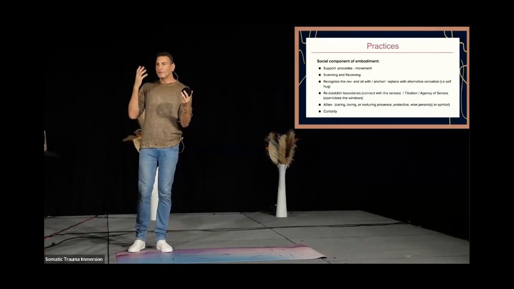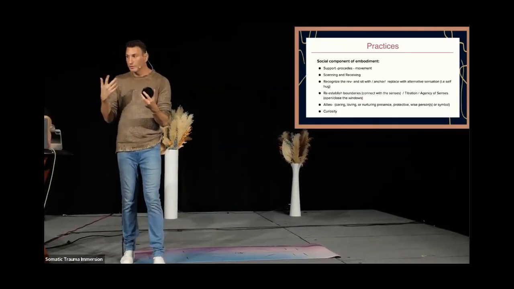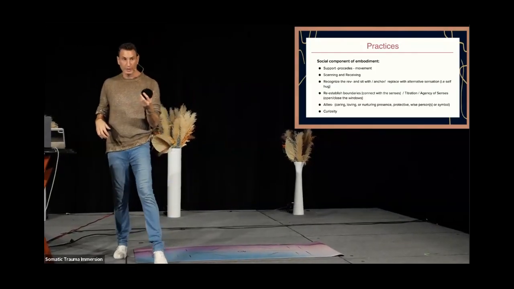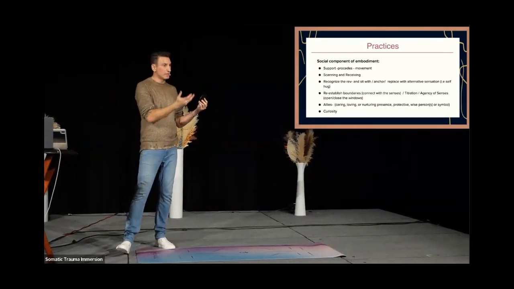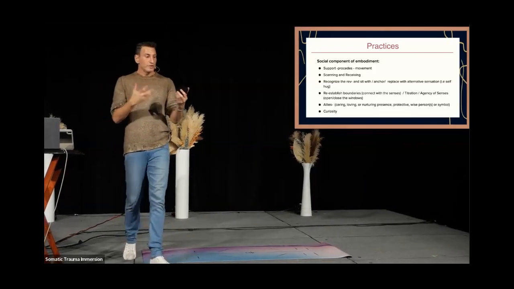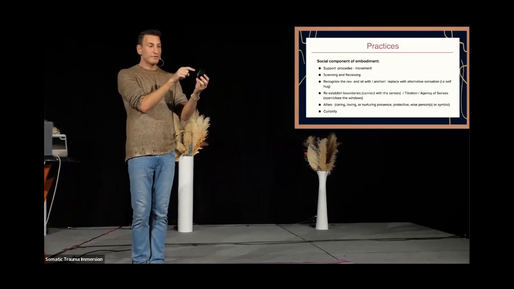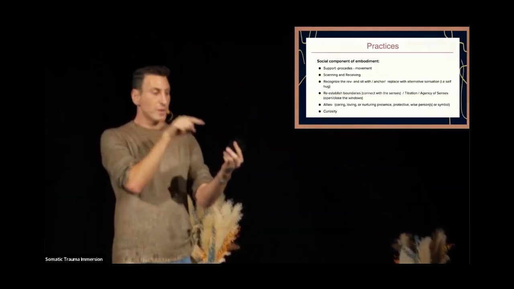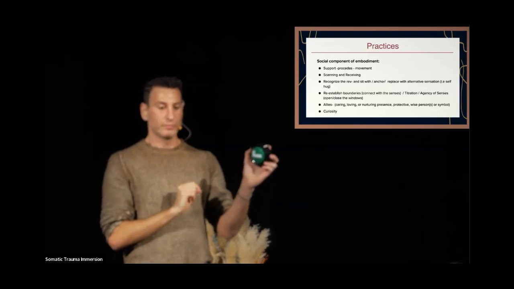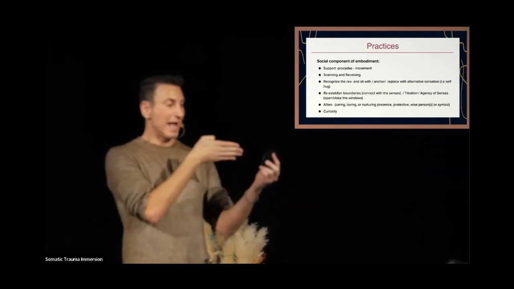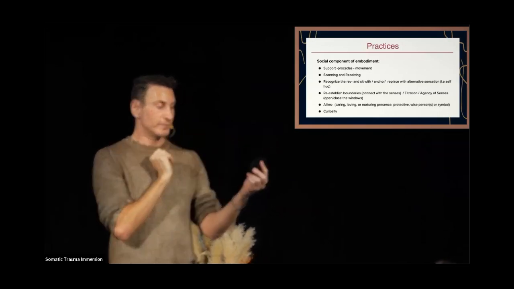And if vision is available to you, if not, I'll say how to do this with another sense. You can do this with sound or touch. So with vision, I want you to come out and find the color. So you're coming out to the color. Mine's green. I'm coming out, I'm scanning out.